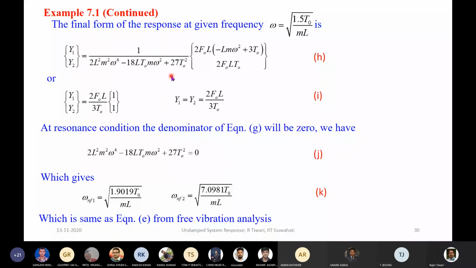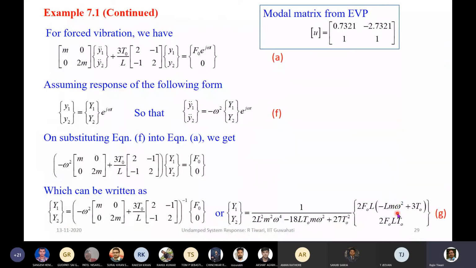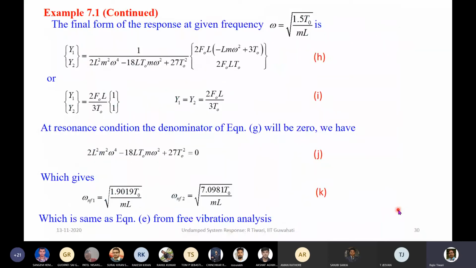Now, till now we have not substituted omega, which has been given to us. Omega is given as this, so we can replace omega square with this quantity wherever omega is there. If we substitute, this will get simplified to this.